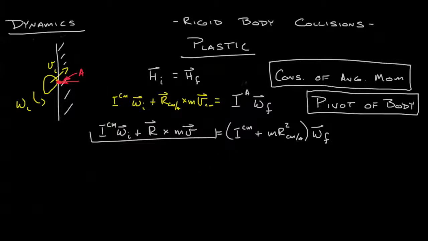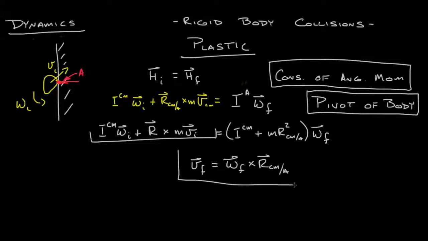Now that we have the final angular velocity, we can keep our perspective of some sort of pivoting member, and we know that the velocity of the center of mass, in other words, that final velocity, if we think of this as a pivoting member about A, is going to be equal to omega crossed the position of the center of mass with respect to A. Feel free to take a moment to think this one through as you look at the body pivoting about A, the split second after the rotation.